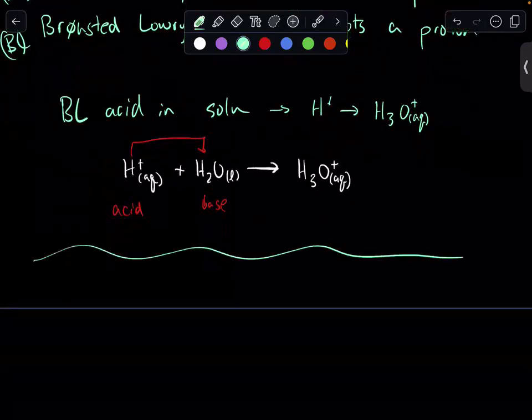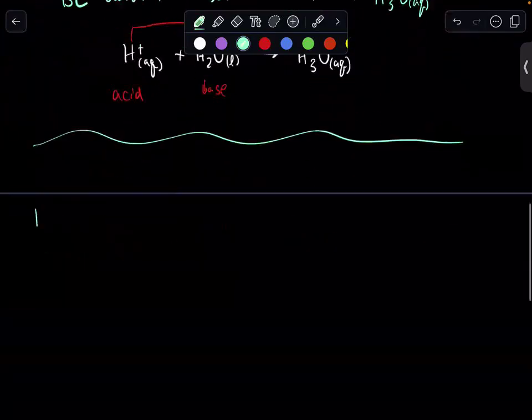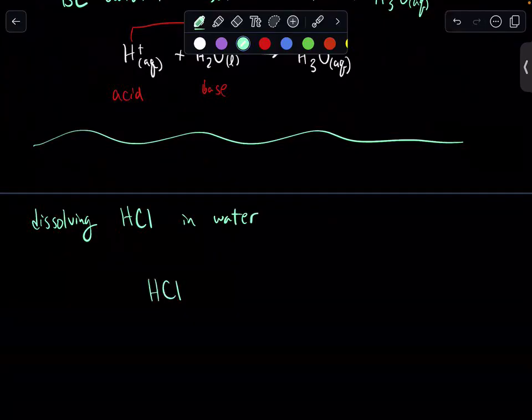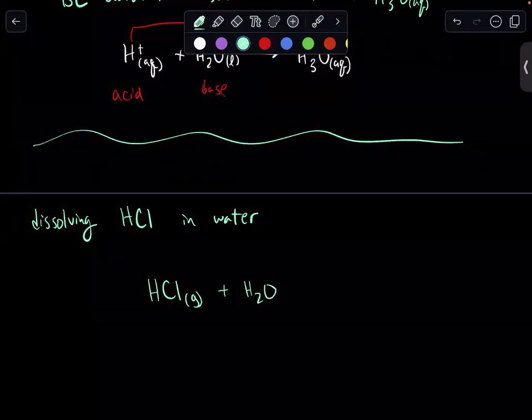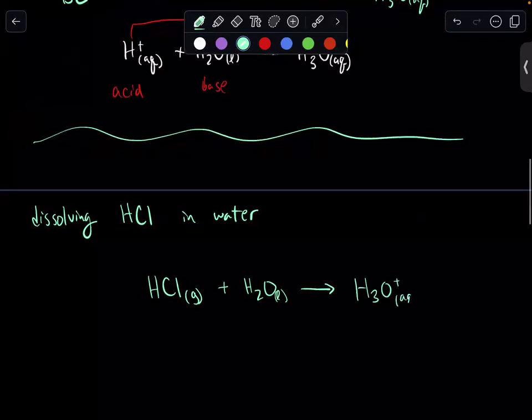When we look at more familiar acids, such as dissolving, let's say, hydrochloric acid, HCl, in water, we can now explore the process using these definitions. So HCl, which will originally be in its gaseous form, will react with water in its liquid form, and we will produce H3O plus aqueous, as well as our chloride ions, aqueous.